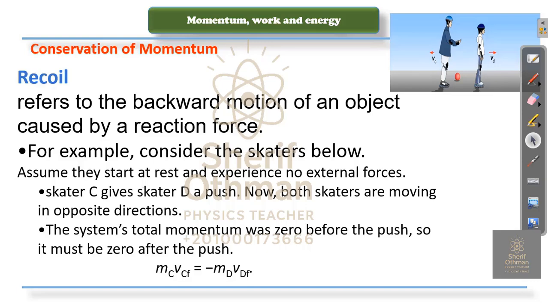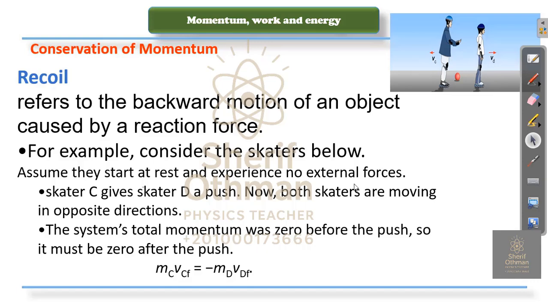For example, consider the skaters below. Assume they start at rest and experience no external force. Skater C gives skater D a push. Now both skaters are moving in opposite directions. Skater C is going to move backward as a result of pushing skater D. So it's the recoil, guys.